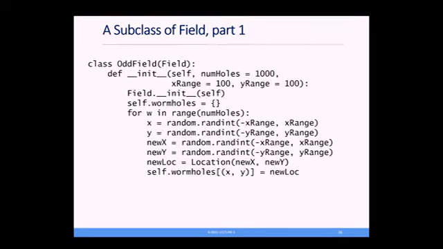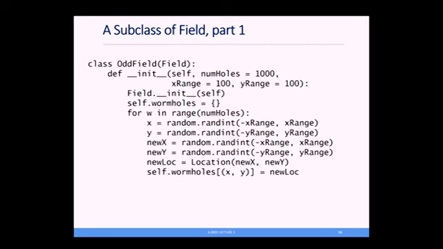So it's going to be a subclass of field. We're going to have a parameter that tells us how many wormholes it has, the default value of 1,000. And we'll see how we use x range and y range shortly. So what's the first thing we do? Well, we'll call field underbar init to initialize the field in the usual way. And then we're going to create a dictionary of wormholes.